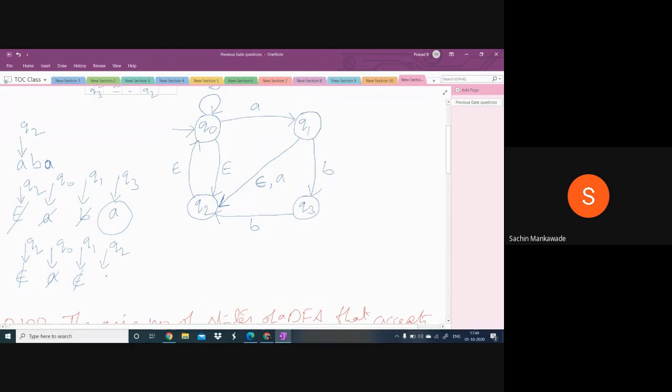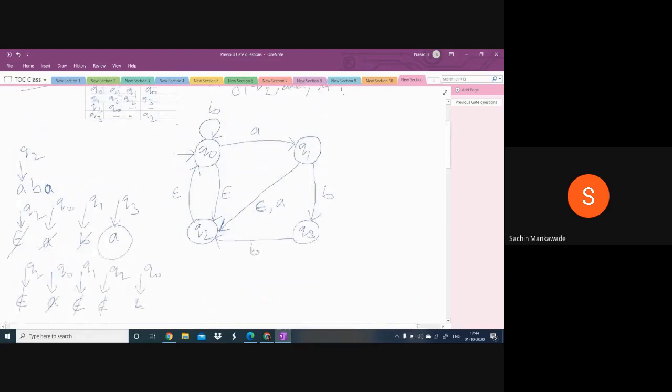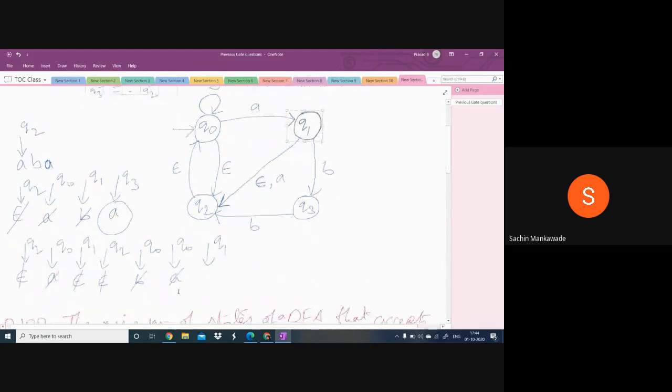In Q2, again, it takes epsilon. See, it goes to Q0. Now in Q0, it takes B and it remains in Q0 only. Now in Q0, it takes A. Then it goes to Q1 here. Finally, it reaches Q1. And here the string ABA is completed. So the machine can reach Q1.